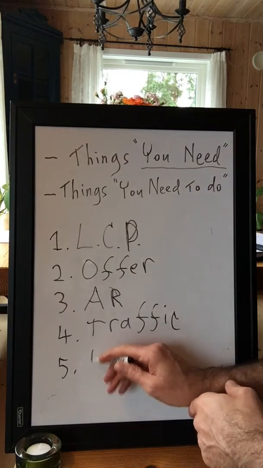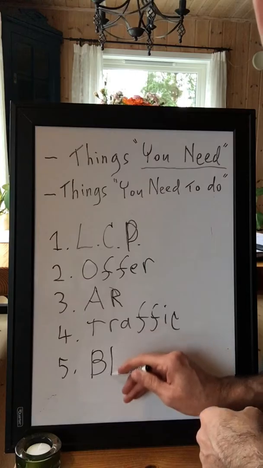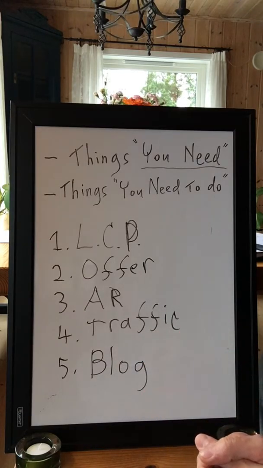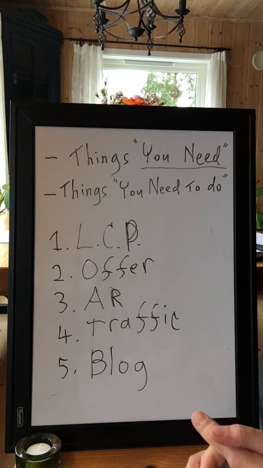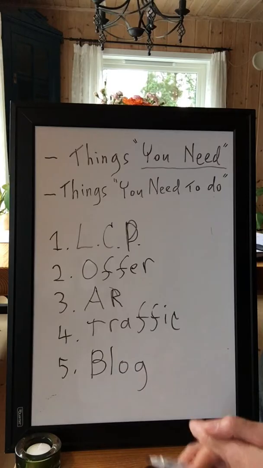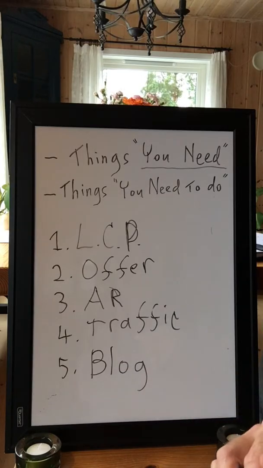The fifth thing that you're really in need of is a blog. Social media is great. We can do a lot on social media. You really need your own real estate on the internet. And that's not a Facebook page or even a professional page or a group.